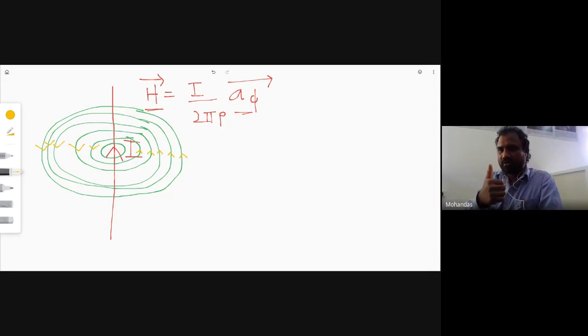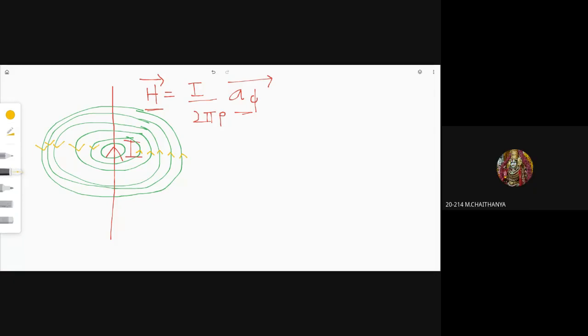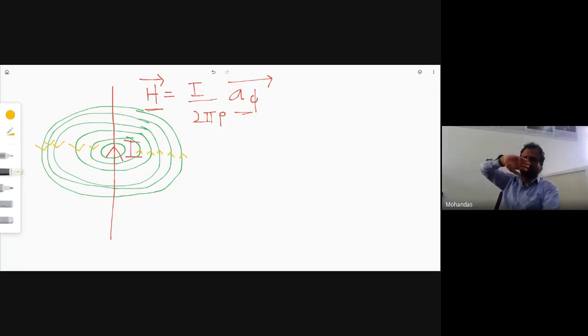Downward. So look at me, everybody. The thumb shows downward direction, and what about these four fingers? Clockwise, very good. It points in the clockwise direction.